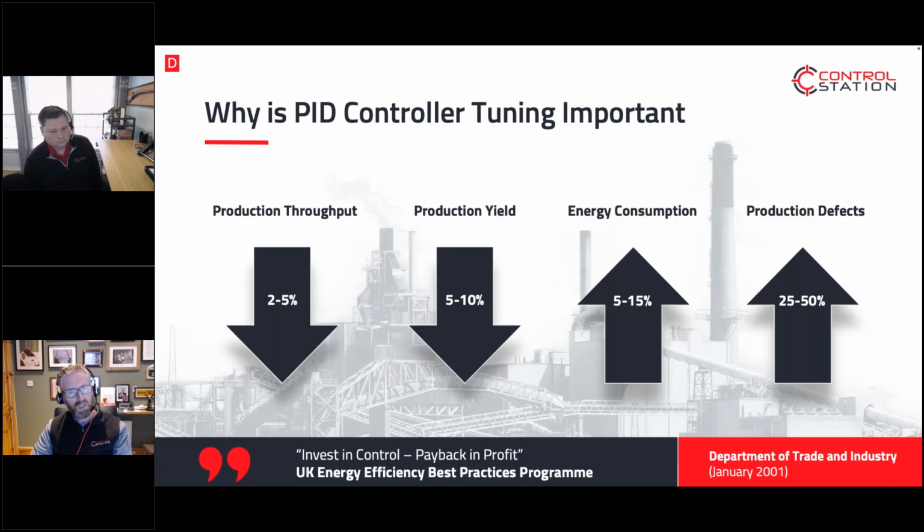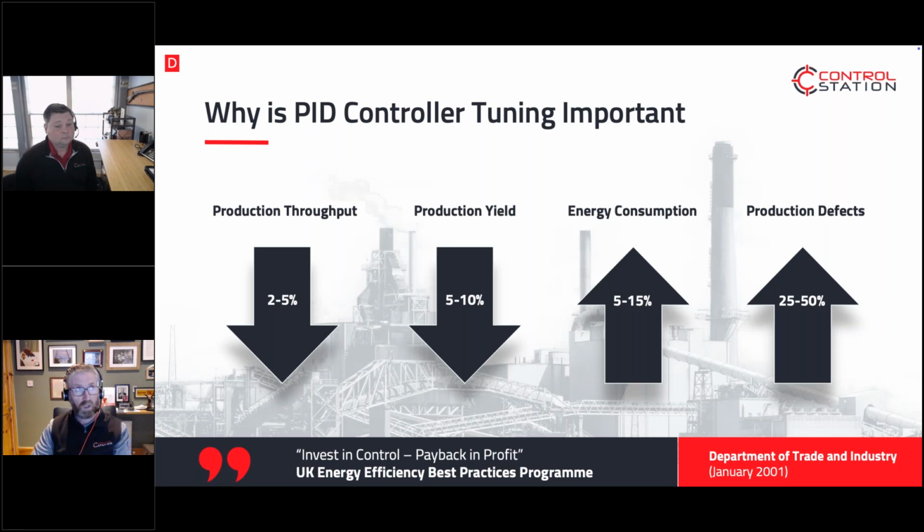With those improvements, these are the kind of changes you can make: throughput, yield, consumption, and defects. You get your throughput to improve by those kind of numbers, that's a significant portion over your annualized production. Then your yields or your quality, and the energy one there.